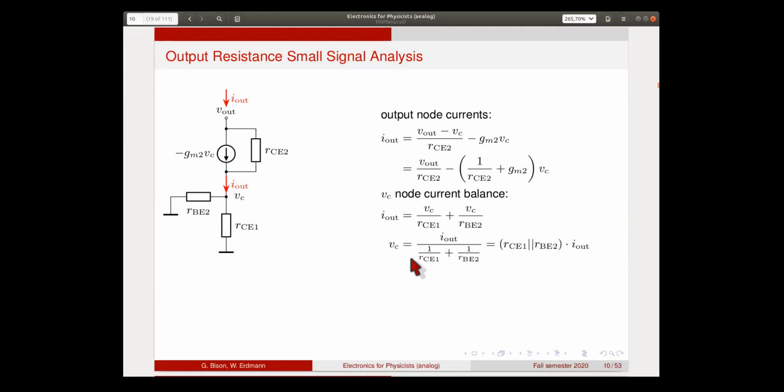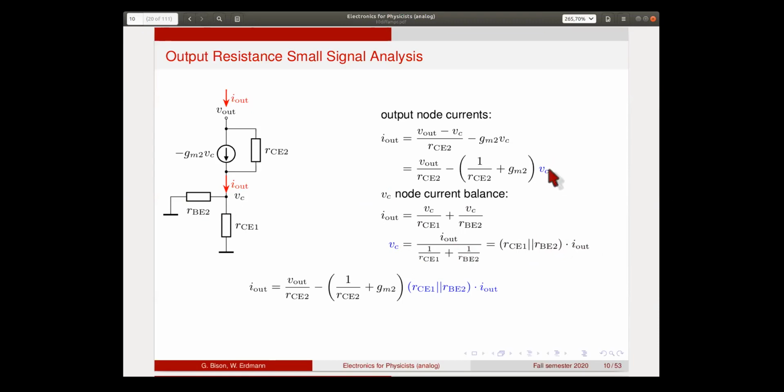So we can change this around, and then we say VC is I out divided by 1 over RCE1 plus 1 over RBE2. And this is, of course, the same as the parallel of RCE1 and RBE2 multiplied by I out. Now we can use this and plug it into this equation here.